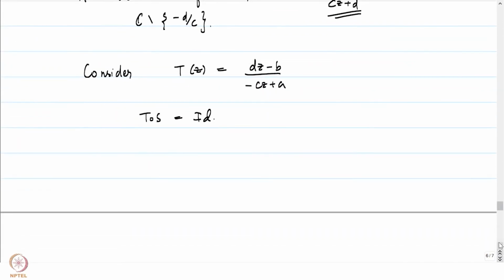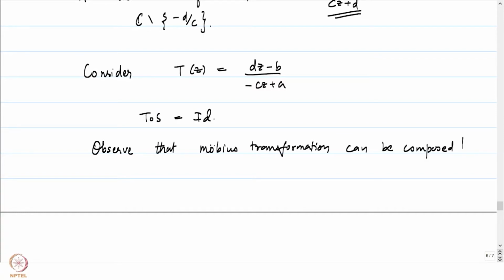The idea is that the first thing to note is that Mobius transformations can be composed. We'll get back another Mobius transformation. So another observation: observe that Mobius transformations, wherever they can be composed, give another Mobius transformation.